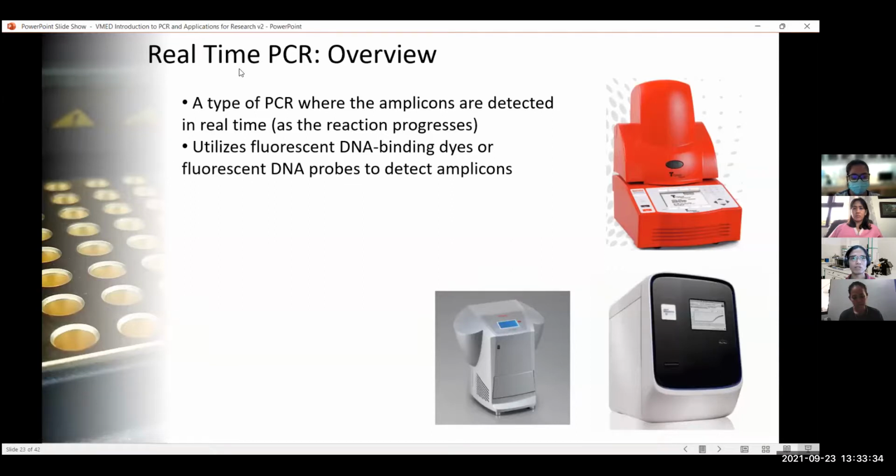A real-time PCR, unlike a conventional PCR, is a type of PCR where the amplicons are detected in real time, as I mentioned earlier, as the reaction progresses. It utilizes fluorescent DNA binding dyes or fluorescent DNA probes to detect amplicons. These are examples of the real-time PCR machines that you will be seeing in the laboratory.